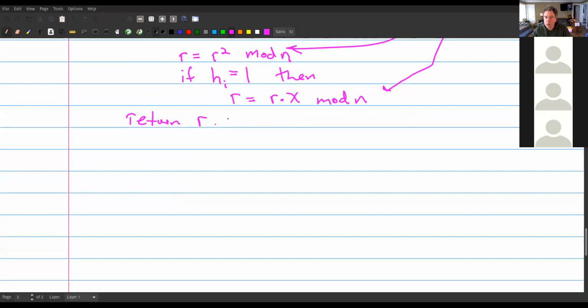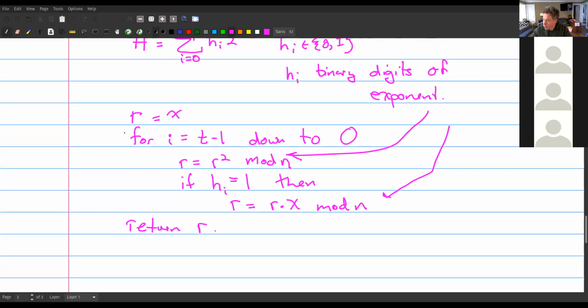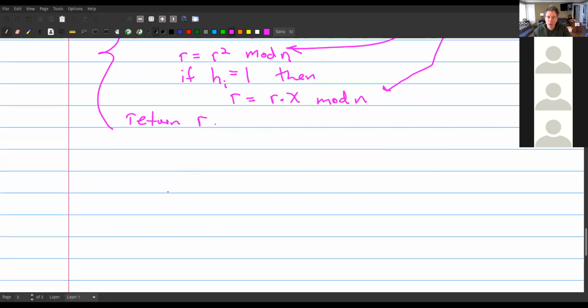So this square and multiply algorithm has one iteration for every bit of the exponent, right? The running time is just the number of bits in D, which is basically the natural log of D, except for a constant, but we don't care about constants.